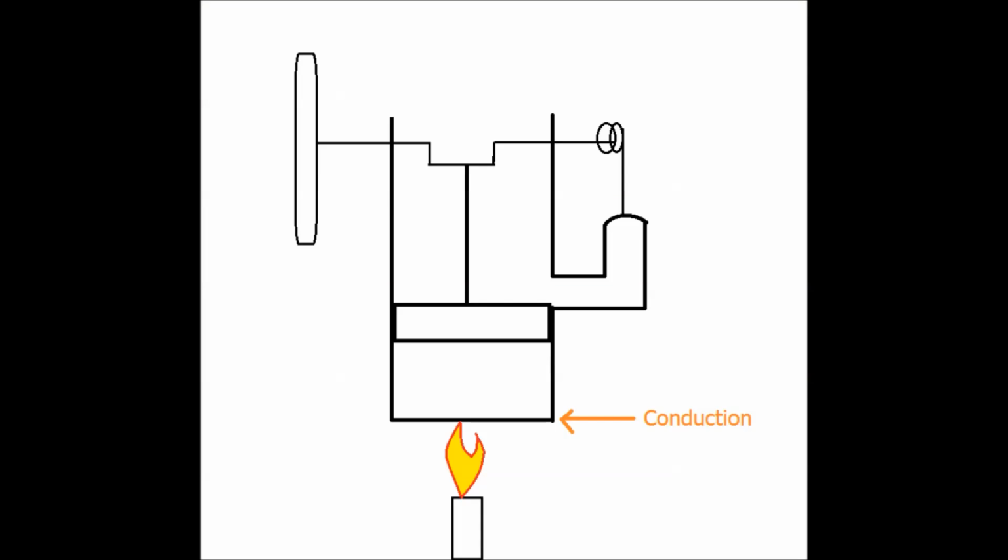Next, as you can see in this diagram, the heat is transferred via conduction through the metal part of the bottom of the Stirling engine. Later, the heat is transferred from the bottom part of the Stirling engine to the air inside via conduction and convection as well.